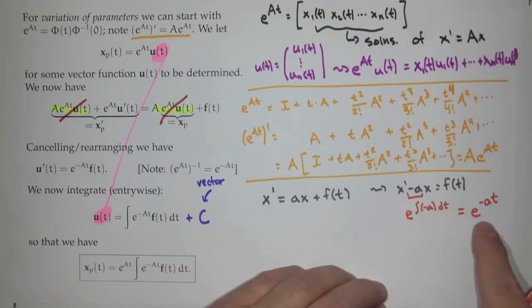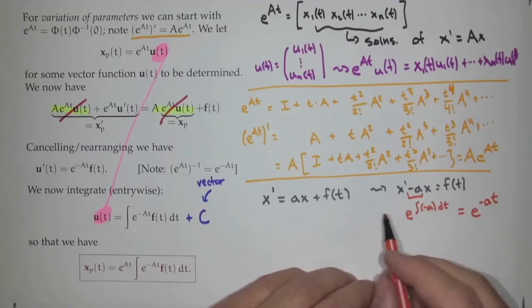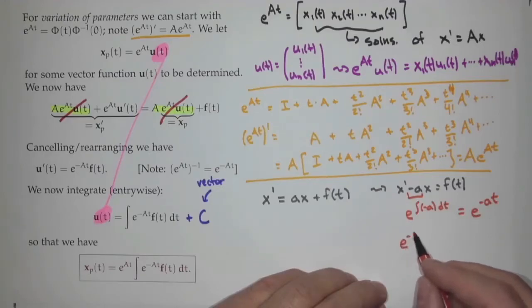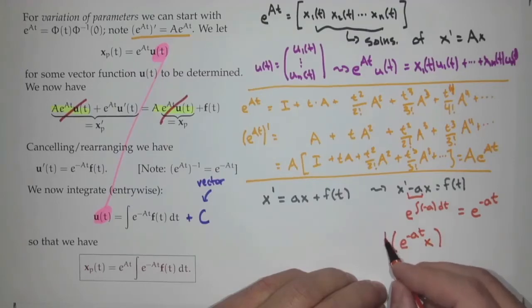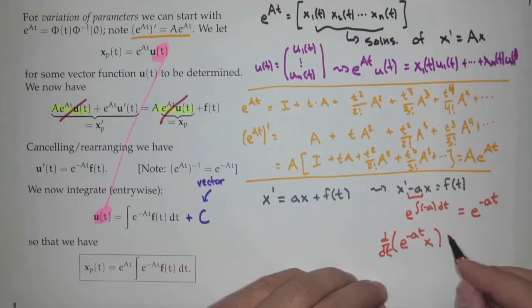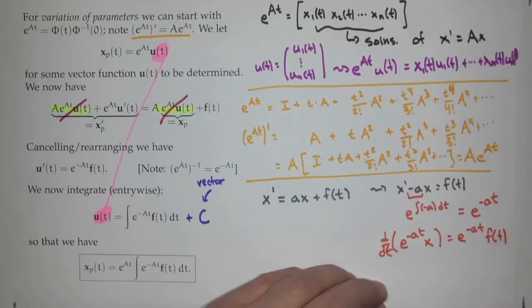So the integrating factor is e to the minus At. If you multiply both sides by e to the minus At, you'll discover that the derivative of e to the minus At x is the left-hand side, and the right-hand side would be e to the minus At f of t.